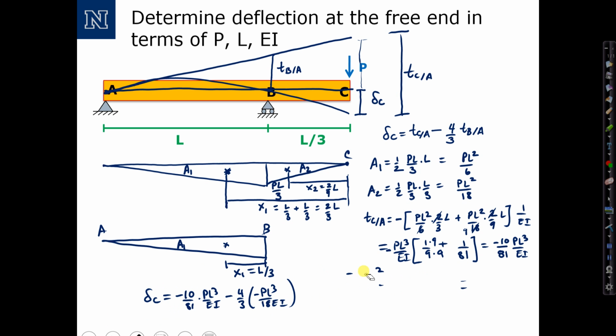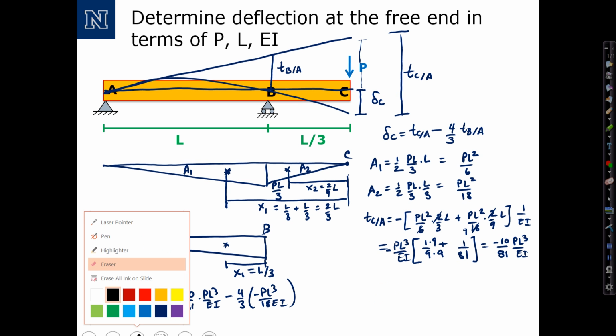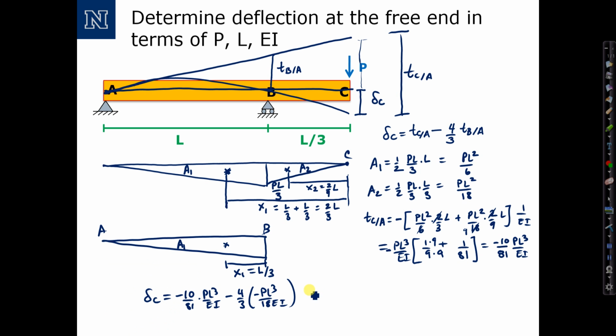Erase some of these terms. Okay, so what I have here, I'm going to pull out a PL cubed over EI, and I have negative 10 over 81 plus, these two negatives cancel, plus a 4 over 18, or that's 2 over 9.